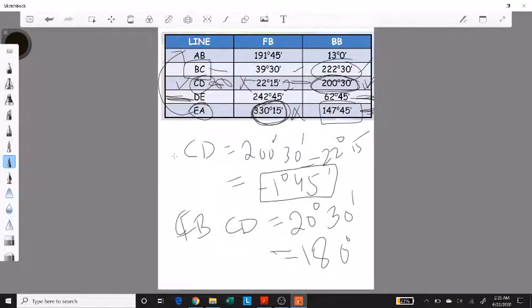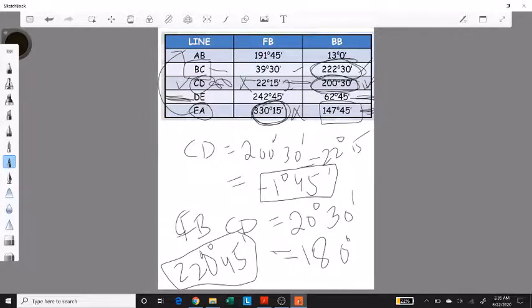So the correct back bearing comes out to be 220 degrees 45 minutes. So this now is my correct back bearing for the line BC. And now that I have the correct back bearing, I can subtract 180 degrees from this, and I can find out what should be the correct forward bearing of the same line.